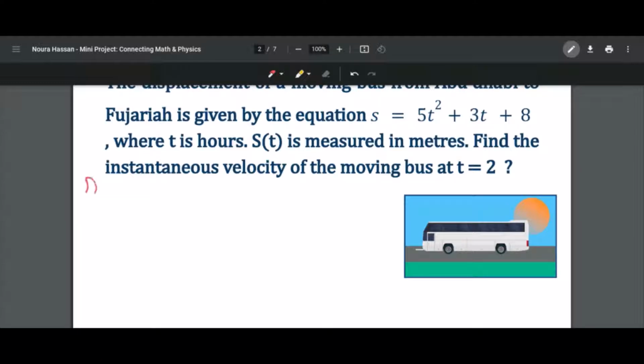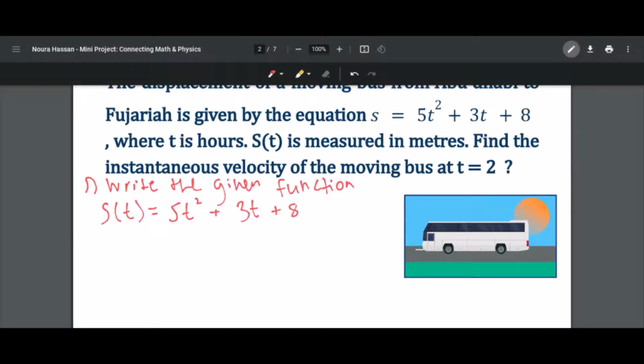Step 1 is to write the given function, which will be s of t, and that will equal 5t squared plus 3t plus 8.